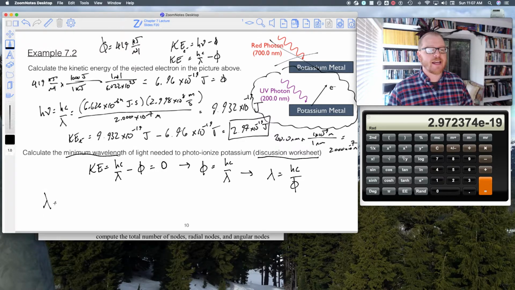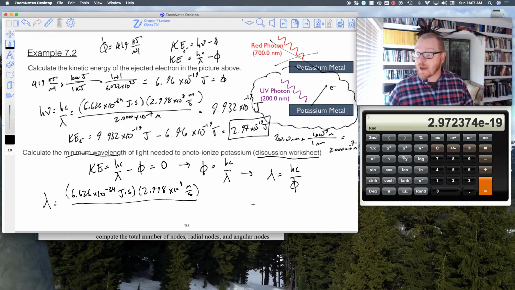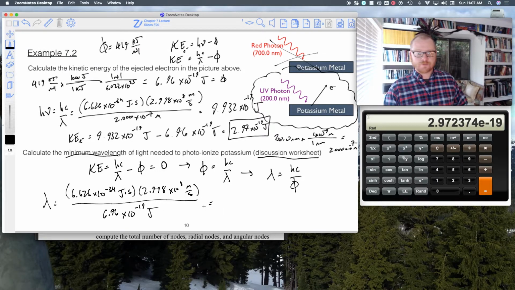So now I can say that the minimum wavelength I need is going to be 6.626 times 10 to the minus 34 joules times seconds times 2.998 times 10 to the 8 meters per second. And then I have to use my singular value of phi, which was 6.96 times 10 to the minus 19 joules.